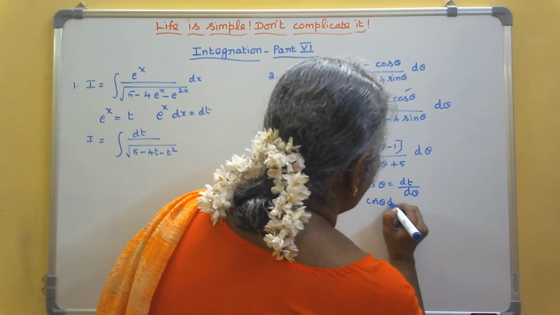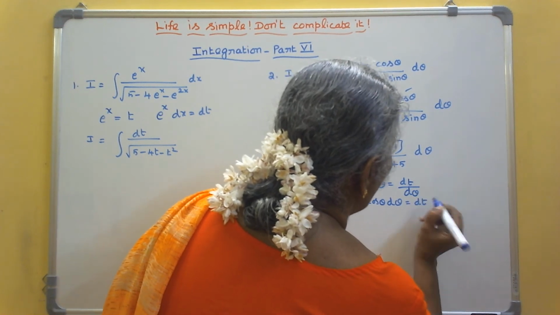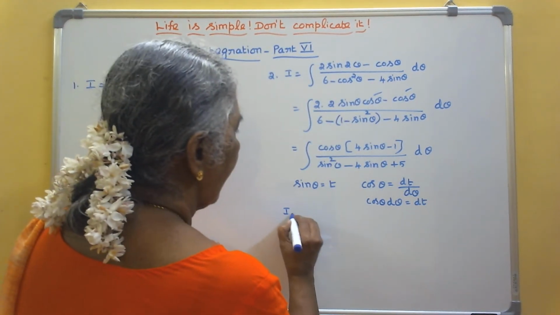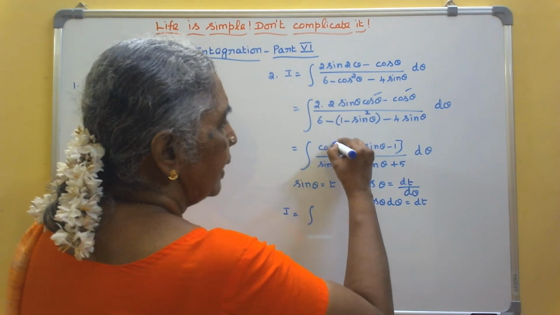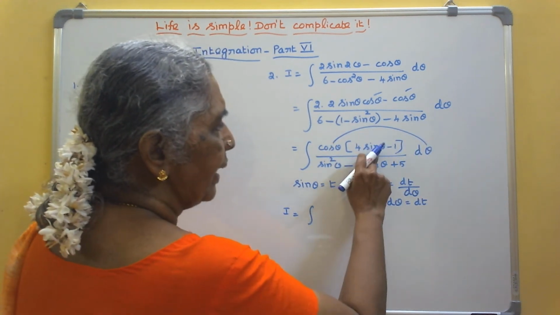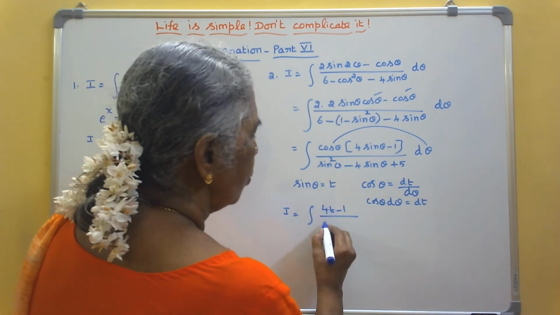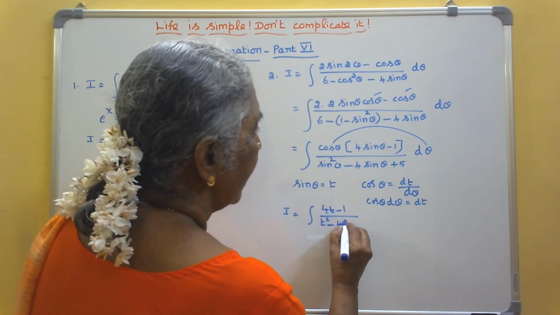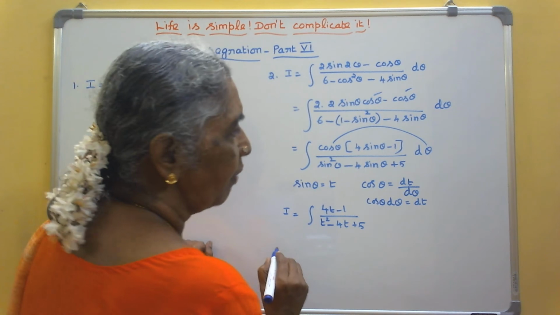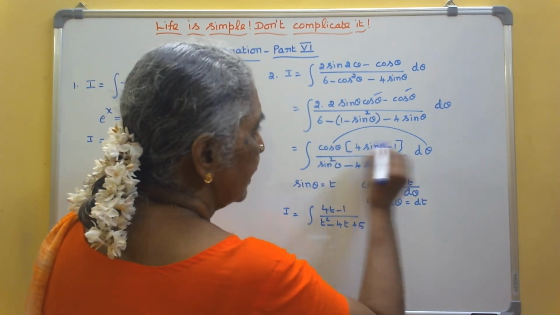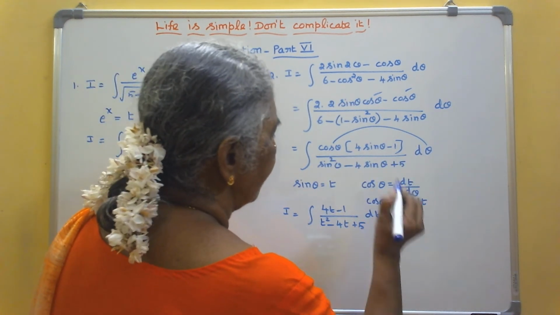So cos theta d theta will be equal to dt. So the I will now become, this part is going to become dt. This will become 4t minus 1. Here you will get t square minus 4t plus 5.